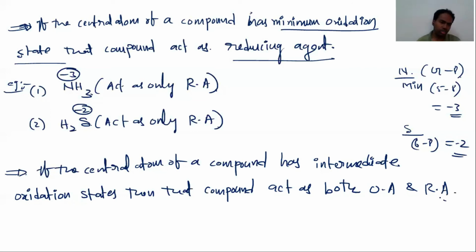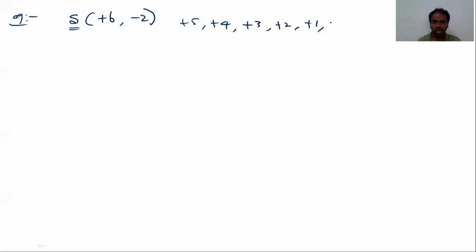So intermediate oxidation states. For example, sulfur. For sulfur, the maximum is +6. What is the minimum? -2. Intermediate between +6 and -2 are +5, +4, +3, +2, +1, 0, -1.